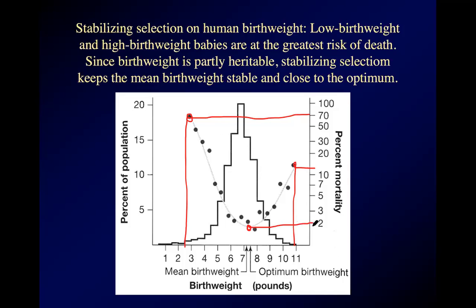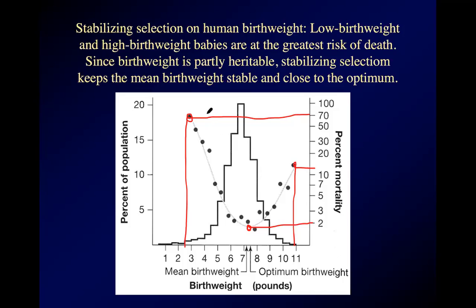Birth weight is partly heritable. People who are small babies tend to have small babies themselves, and people who were large babies tend to have large babies themselves. And so, since birth weight is partly heritable, this is a great example of stabilizing selection.